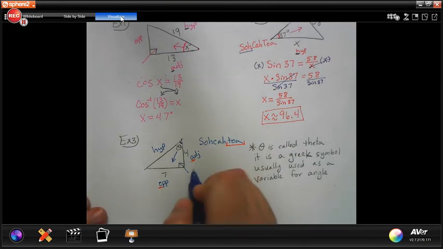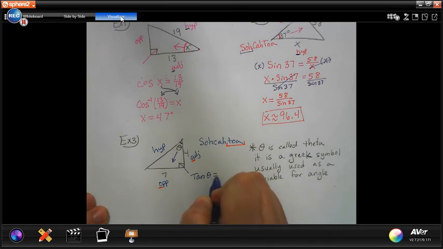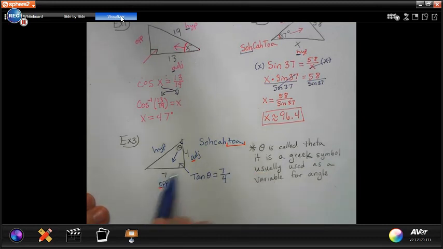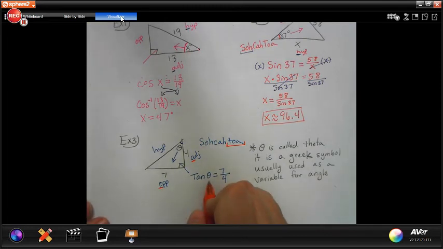Okay, so we set it up. Tangent of the angle, this angle is called theta, equals opposite over adjacent. O is 7, A is 4, so 7 over 4. Since our variable is in the degree spot, we have to switch those.